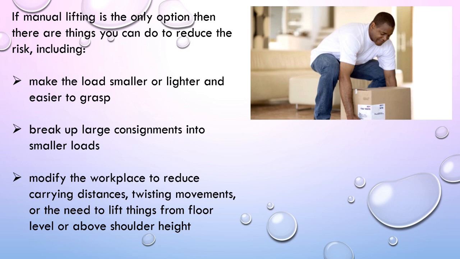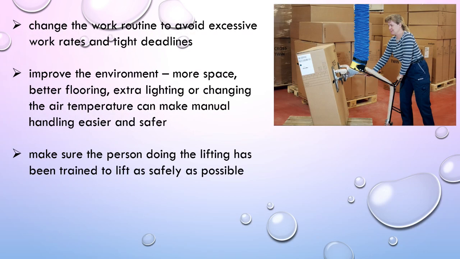Okay, modify the workplace to reduce carrying distances, twisting movements, or the need to lift things from floor level or above shoulder height. Change the work routine to avoid excessive work rates and tight deadlines.